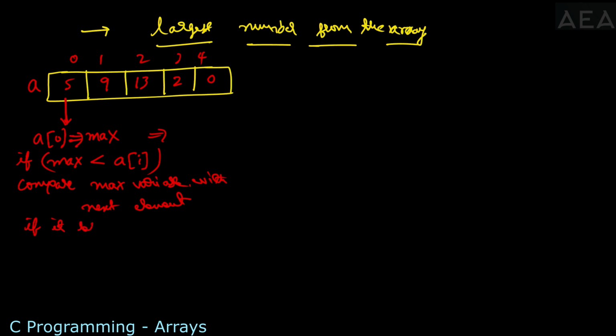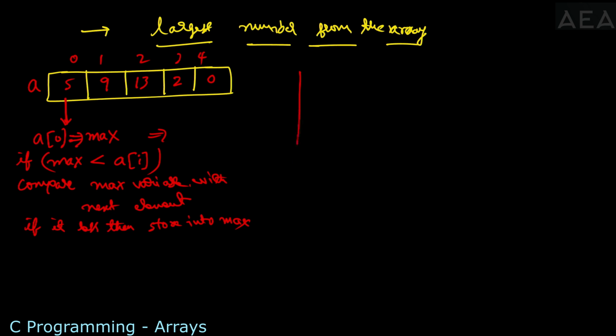If it is less, then interchange. Interchange is also not required, just store that value into maximum. If it is less, then store into max variable. If it satisfies that condition, then store that value into max variable, otherwise not required.